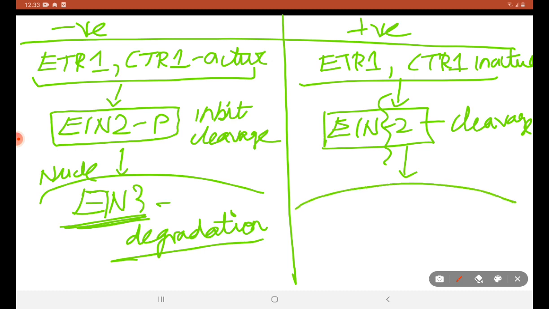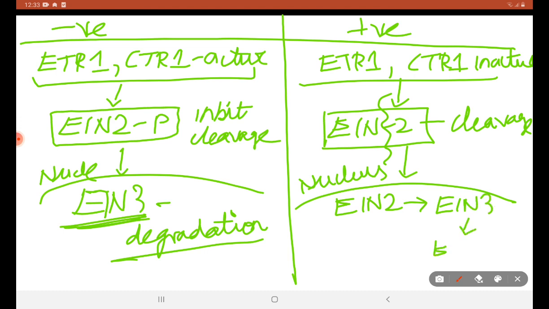The C-terminal domain will enter the nucleus. EIN2 will be converted into EIN3, then to ERF1, then to ERG, then a series of reactions occurs. This is about the signaling pathway of ethylene.